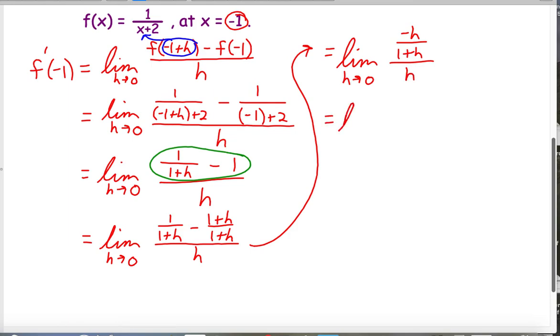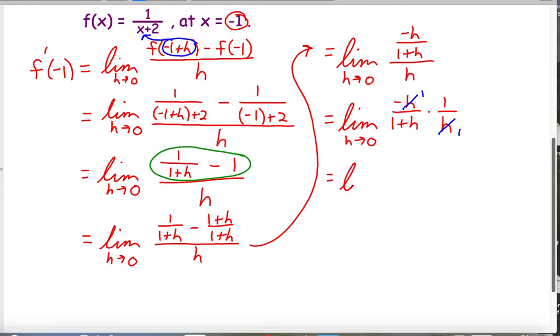Now, dividing by h is the same as multiplying by its reciprocal, 1 over h. So I can change this to negative h over 1 plus h times 1 over h. Now I can do some canceling. That reduces to 1 and negative 1.